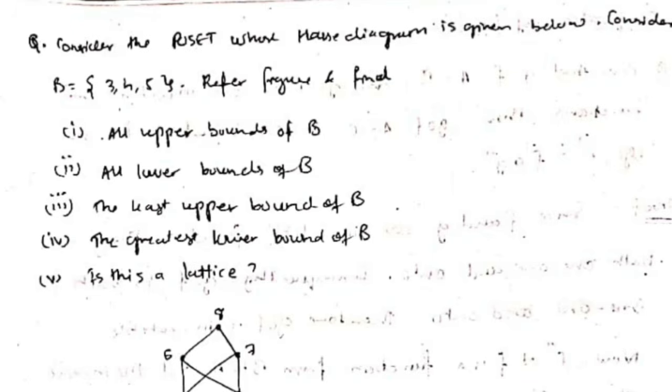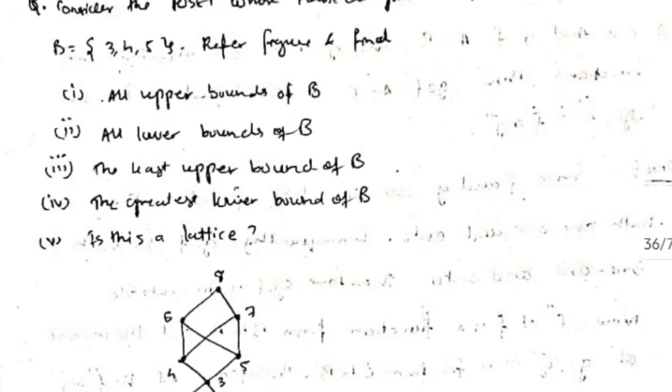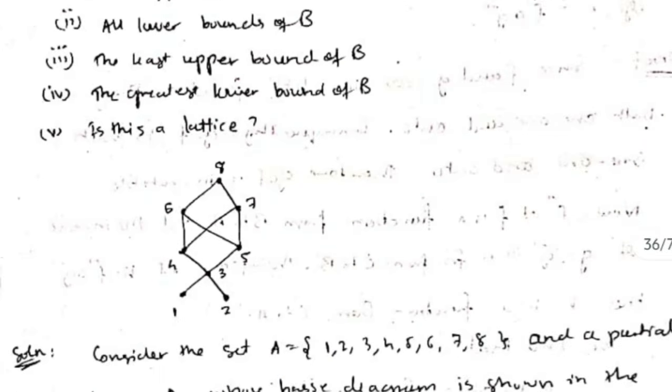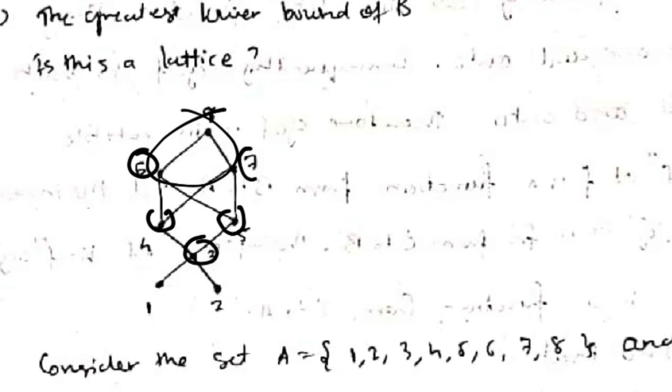In this question we have been given the Hasse diagram, and we have to find the upper bounds of B. B is given as 3, 4 and 5. So what is the upper bound? Upper bound means all the elements in the upper part that are related to 3, 4 and 5. Those elements are 6, 7 and 8.